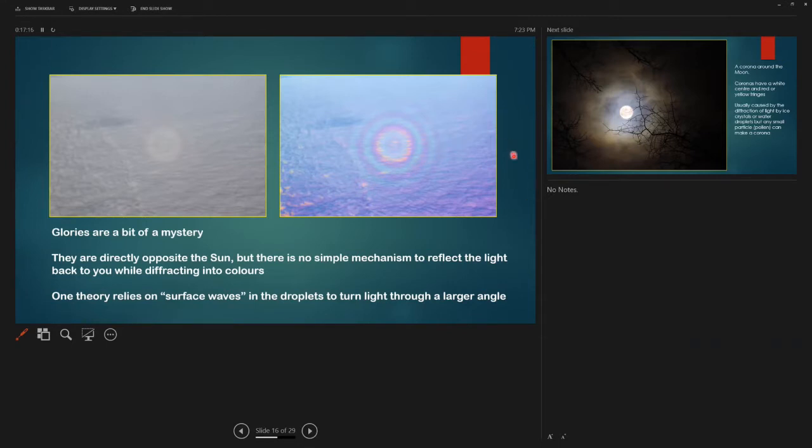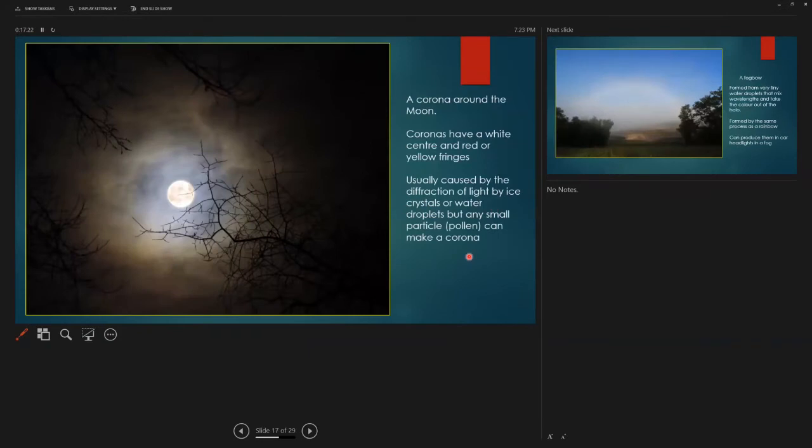These are very common in any aircraft flight as long as you're looking on the right side of the aircraft. For coronas in the moon, you can get beautiful effects in it. This is not particularly colorful, but we've all seen much better ones than that. It always helps to use a HDR setting on your camera when you're taking these pictures so that you can get some sort of detail in the moon.